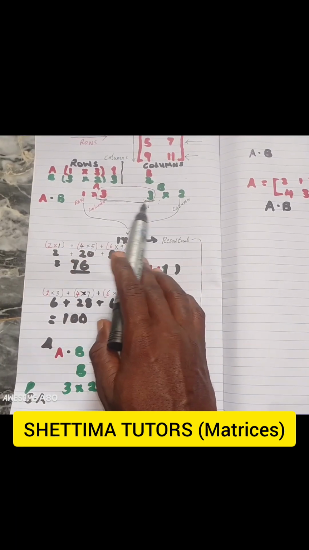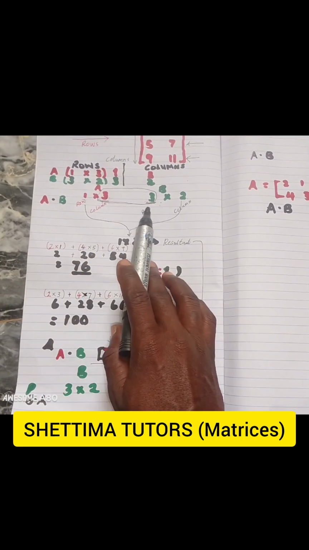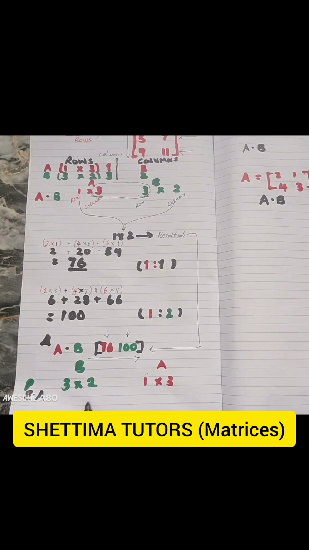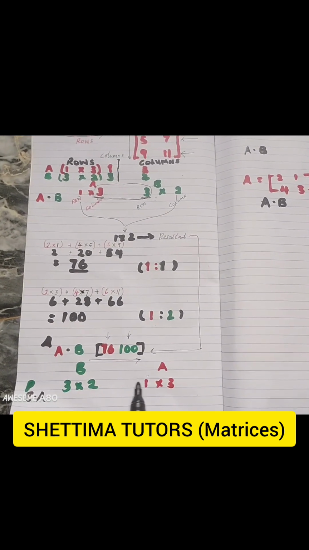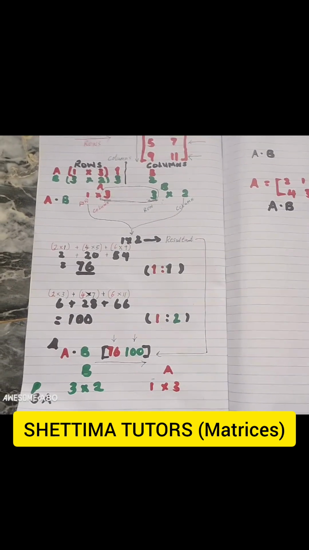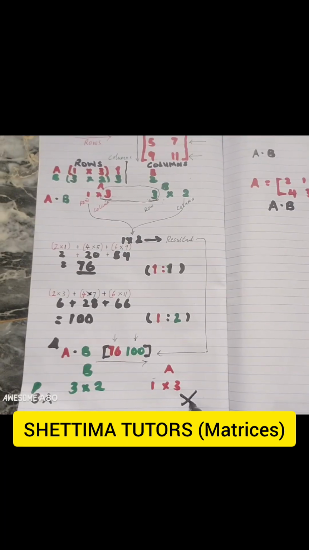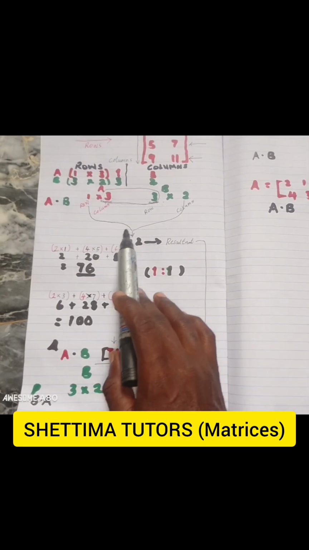Here the column is 2 and the row is 1, so this cannot work. Rather, this order, A, B, will work.